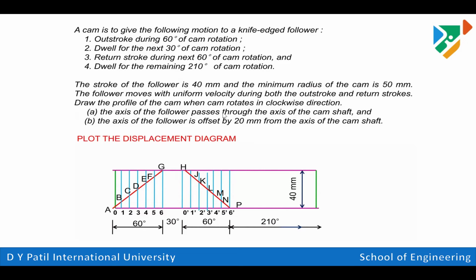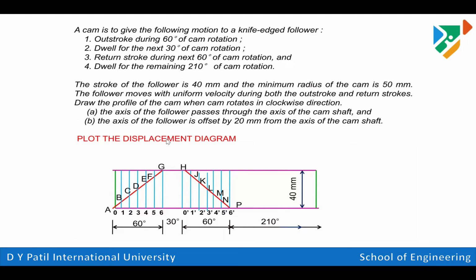The follower moves with uniform speed in both the outstroke and return stroke directions, and we have to draw the cam profile when the cam rotates in the clockwise direction. In the first case the follower is an inline follower, so the axis of the follower passes through the axis of the camshaft. In the second case, the axis of the follower is offset by 20 mm from the axis of the camshaft. So these are the two details we have.